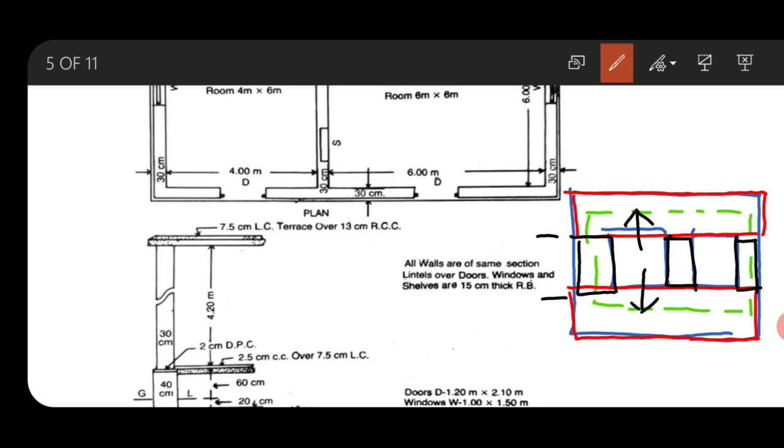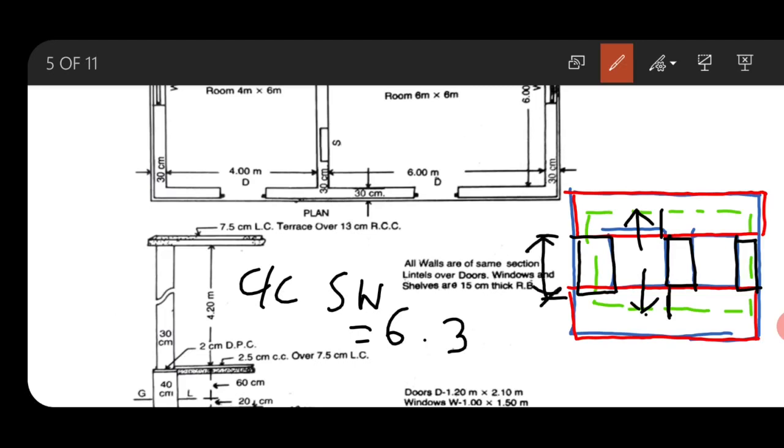We have the center to center length of the short wall, which is already calculated as 6.3. So this is 6.3, and here also all the walls have the same width, that is 1.1. So see, from the center line length, if we subtract half of the width on one side and half of the width on another side, then we will get the length of the left out portion.